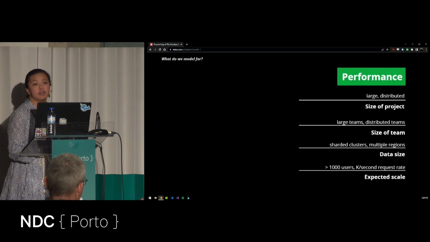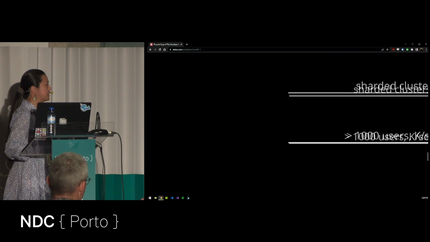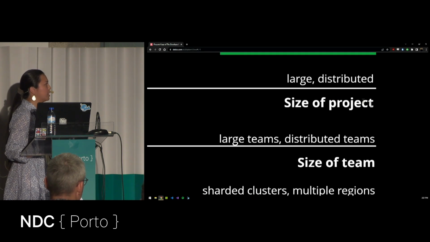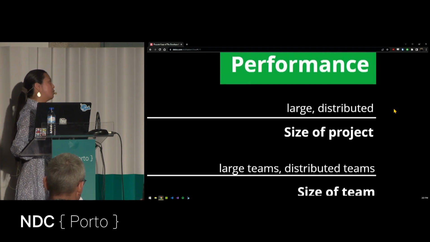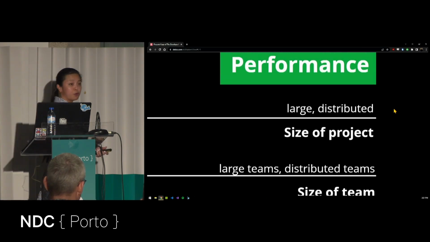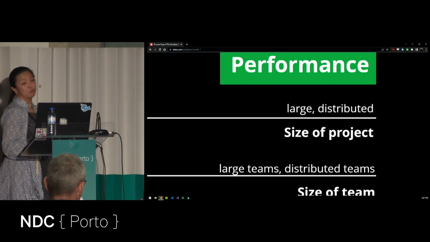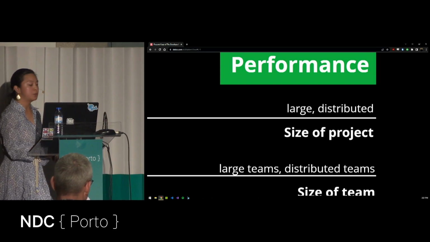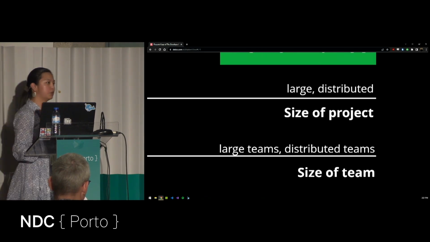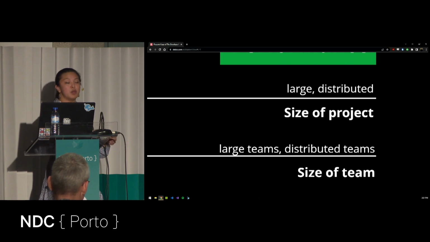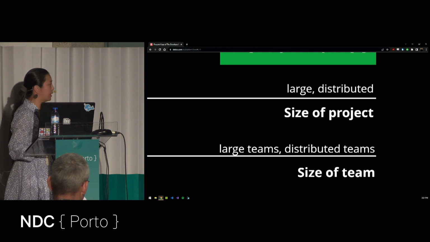Now, if you are modeling for performance, you obviously take a look at the opposite, right? If your project is larger or distributed, then performance is going to be of the utmost importance. If you have a larger team or distributed team, if you have more people to help you develop this data model, more sources of input so you are sure that the workload you're working with is accurate and you can get those predicted scenarios in order and quantify and qualify all of them.